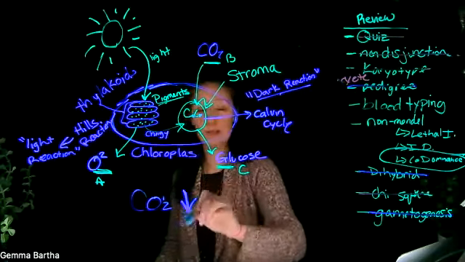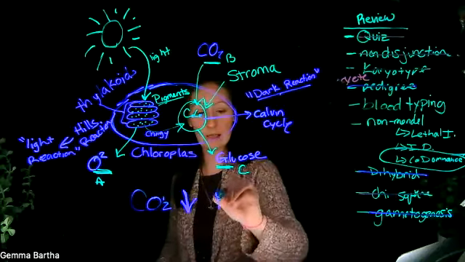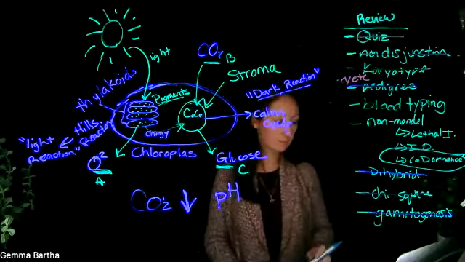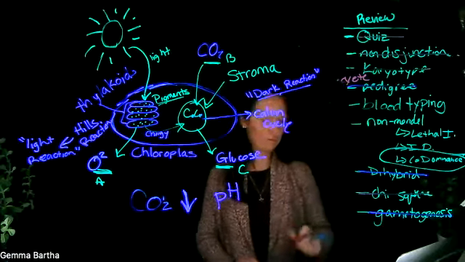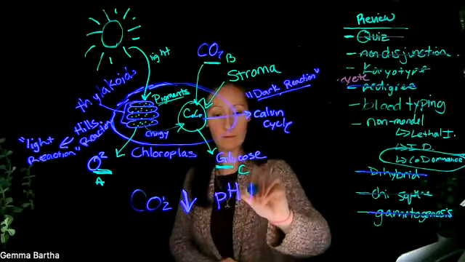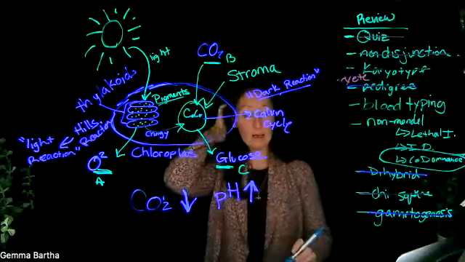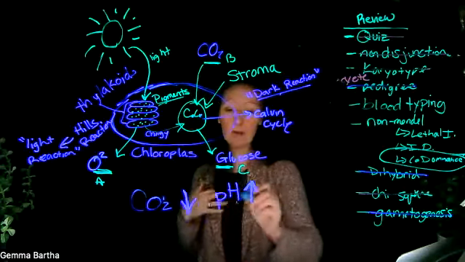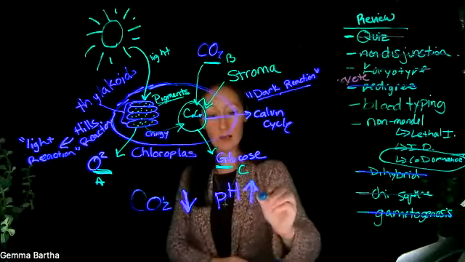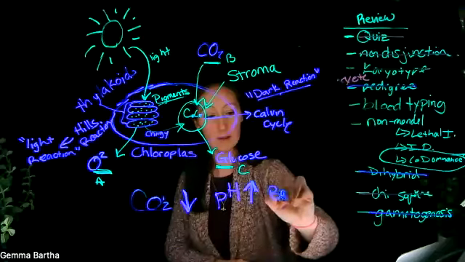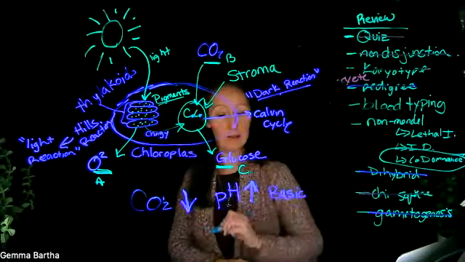If CO2 is decreasing, what is that doing to the pH? You see why we learned about pH in the beginning? It all kind of ties together, right? So yeah, pH is going to increase, which means that it is more basic.